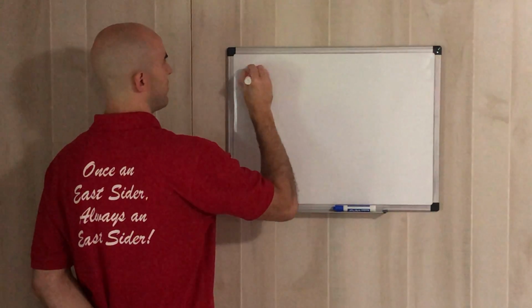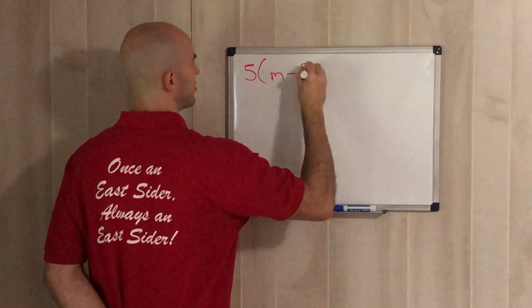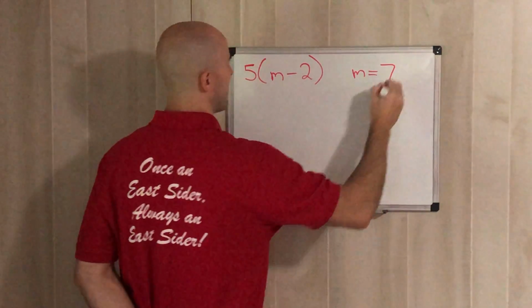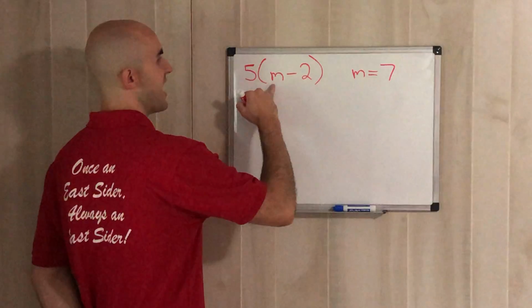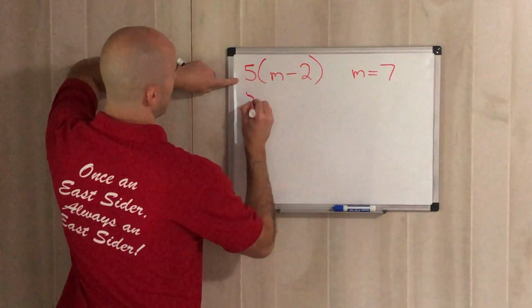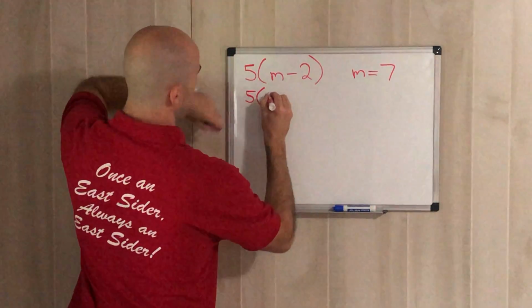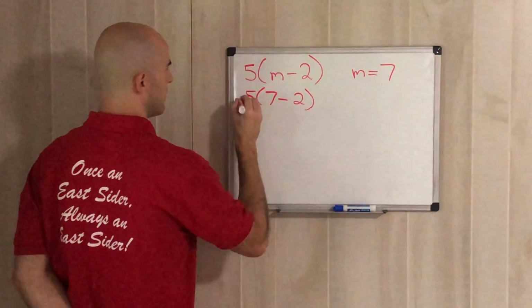Let's say I were to do 5 times (m minus 2), and let's say that m is equal to 7, right? If I were to do that now, again, wherever you see m, you're going to end up substituting 7, so it's going to end up being 5, right? We know that m is 7, so it's going to be 7 minus 2, right?